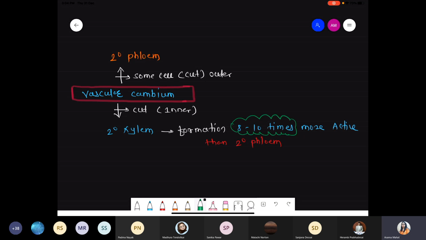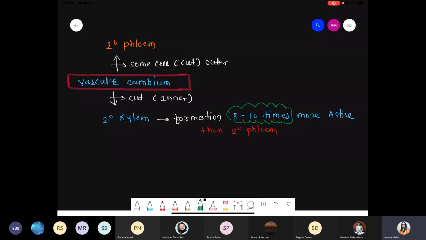And why such variation? Because secondary xylem provides mechanical support during aging. You know very well, the plant becomes vascular, and now it has high molecular weight, so it requires extra support. Who provides the support? Secondary xylem, because secondary xylem is also called wood. हमने वहां पे देखा था, xylem is also called wood, right? Fiber भी present होगा.